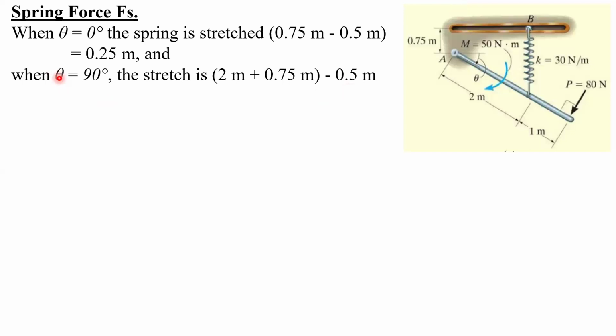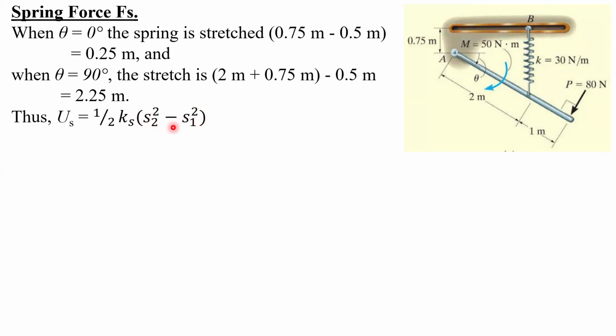When theta is equal to 90 degrees, the stretch is 2 meters plus 0.25, because we take the unstretched length from 0.75, since the spring is hinged at 2 meters from the hinge. So that is 2.25.